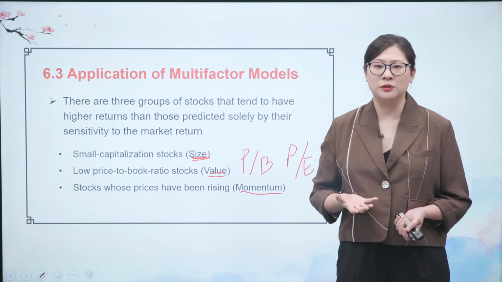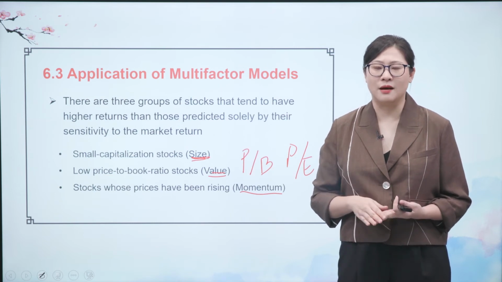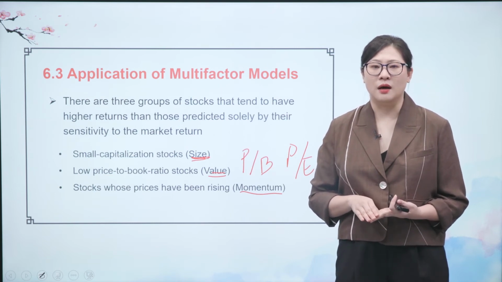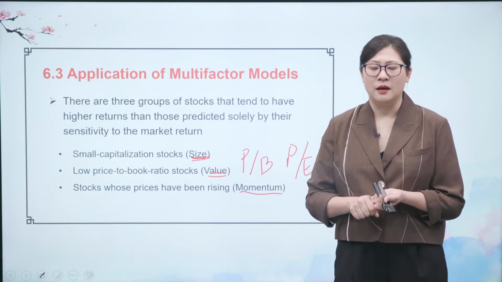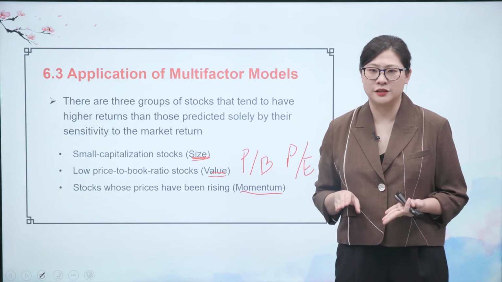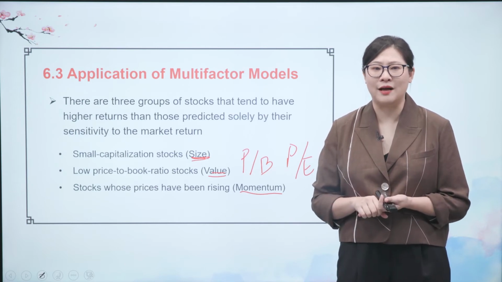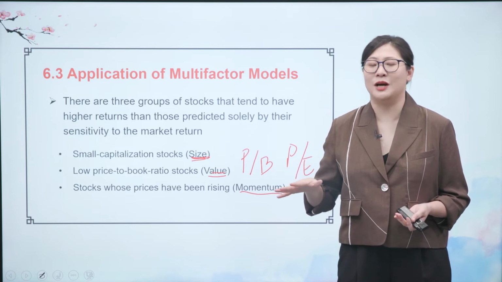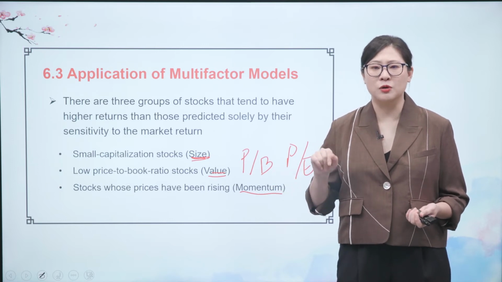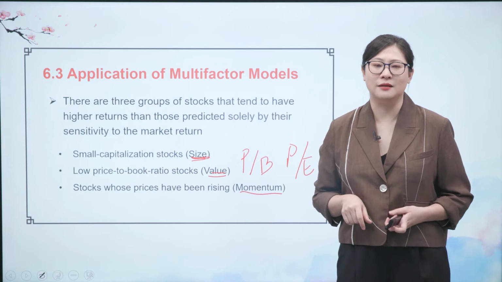The other conclusions: we find that high dividend stocks and some low volatility stocks might have higher returns. We will discuss them in the later chapters for the mutual fund strategy, so we can learn that later.